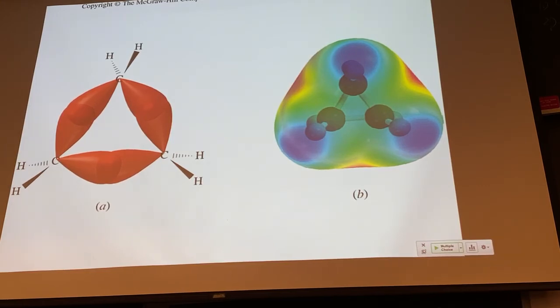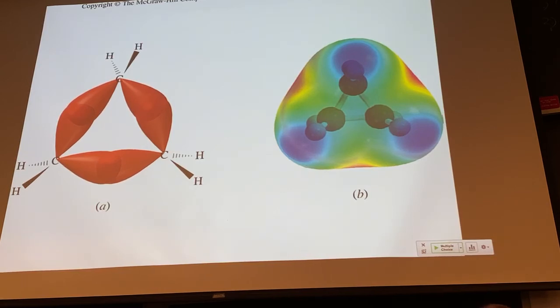So the carbon-carbon bonds in cyclopropane are weaker than most carbon-carbon bonds due to angle strain. Now, they're still much more stable than non-covalent species such as hydrogen bonds. They don't just fly apart, but they are less stable than other types of carbon-carbon sigma bonds. And that is due to the angle strain causing inefficient overlap of those orbitals.